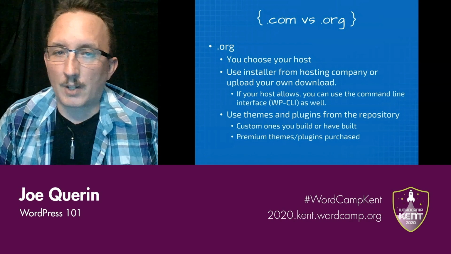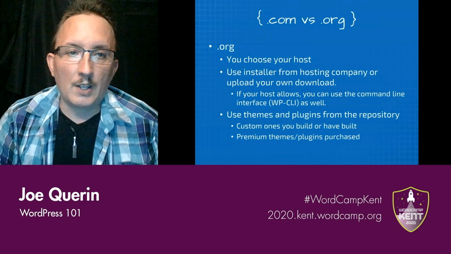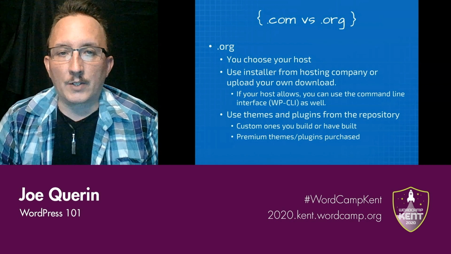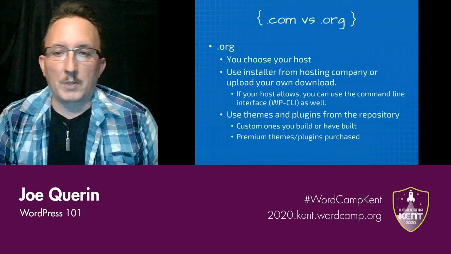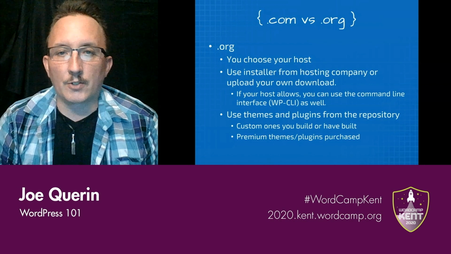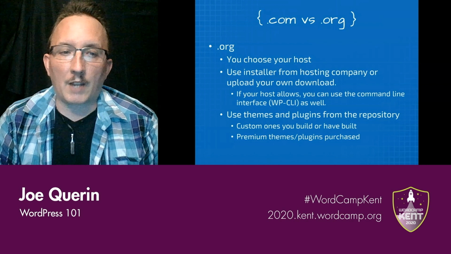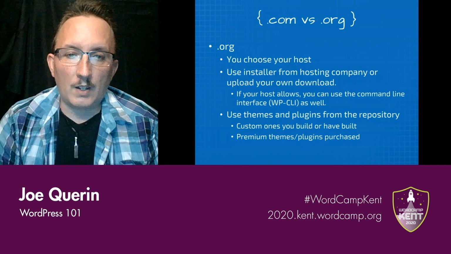Once you choose your hosting company, your host may have different ways to install WordPress. They may already have it pre-installed for you, or they may have an installer within the control panel, or they might even give you the ability to connect directly to your server and use the WP-CLI tool, the WordPress command line interface, to install WordPress yourself.